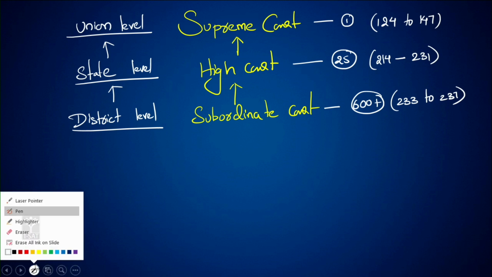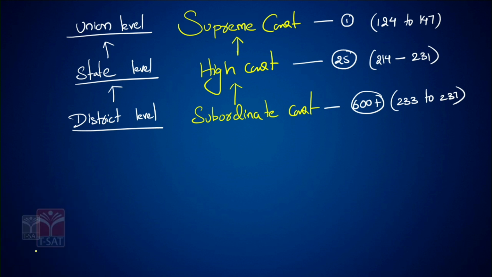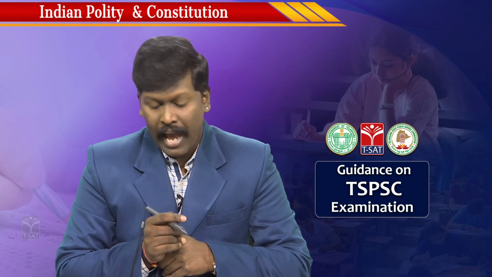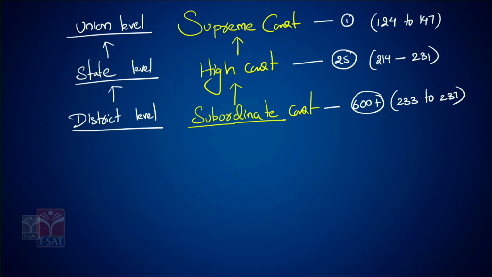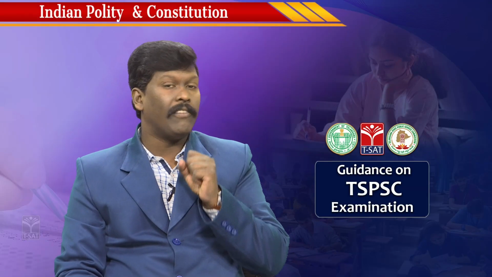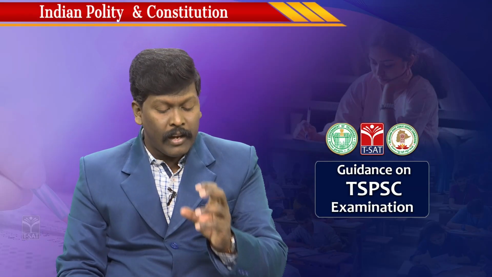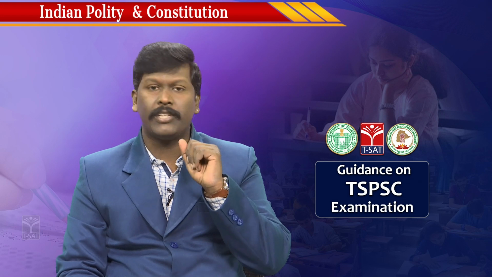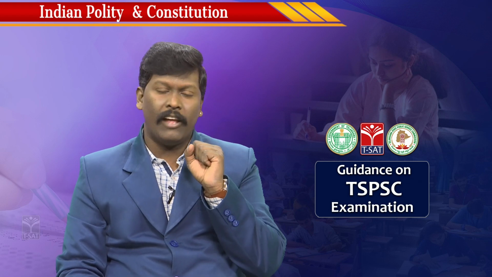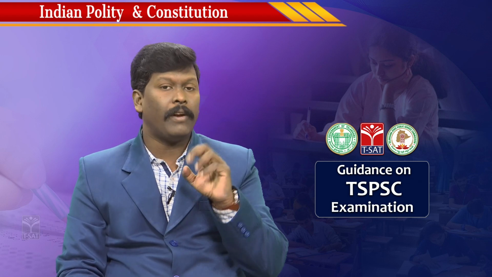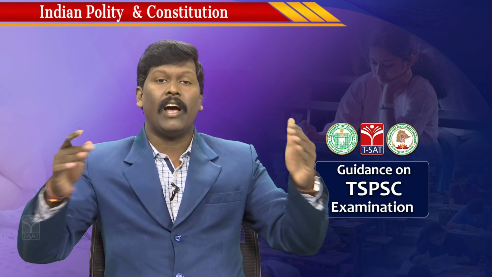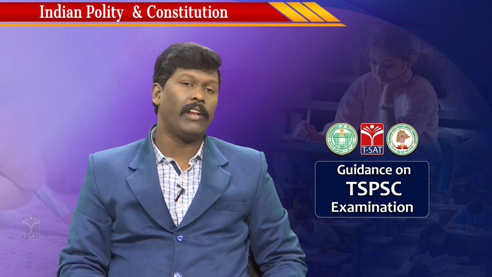Now, coming to the subordinate courts in India, they can be classified into different types again, and the state government along with the high court of each state will decide the subordinate court hierarchy, including the criteria of population and other geographical aspects.